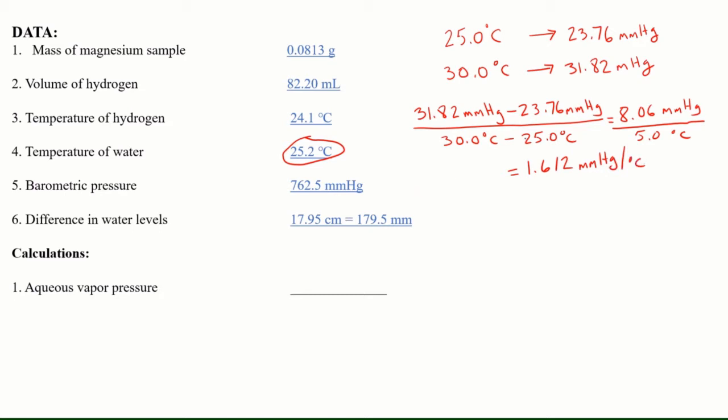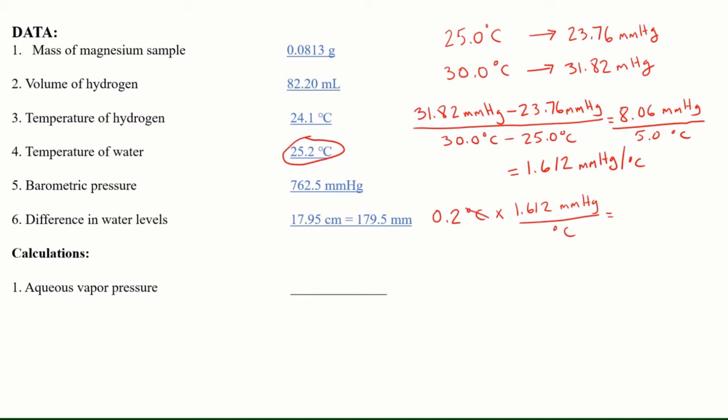Okay, so now I know that between 25 and 30 the pressure changes at a rate of 1.612 millimeters of mercury per degree. Now I am 0.2 degrees away from 25, so I want to measure how much the pressure will change in 0.2 degrees. I will do 0.2 degrees times 1.612 millimeters of mercury per degree.